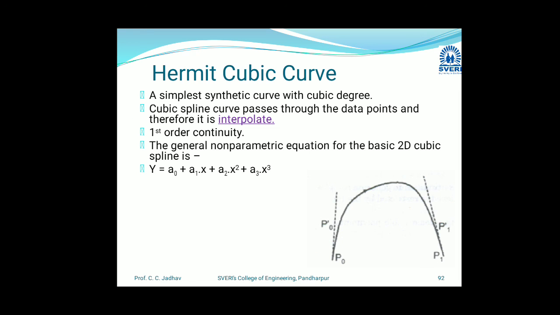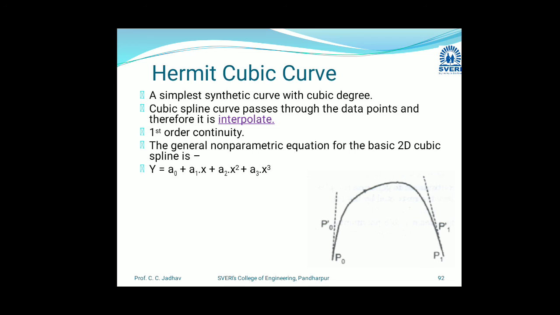Next curve is the Hermite cubic curve. It is the simplest synthetic curve with cubic degree, and the cubic spline curve passes through the data points, and therefore it is an interpolation. The curve passes through all the points, and it has first order continuity.